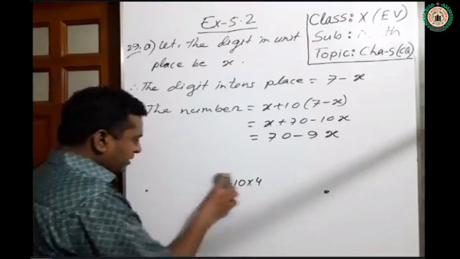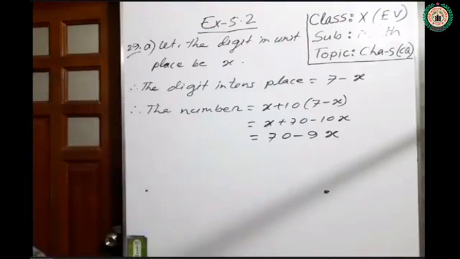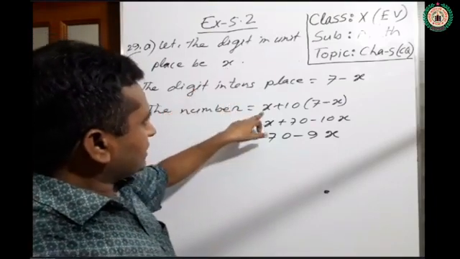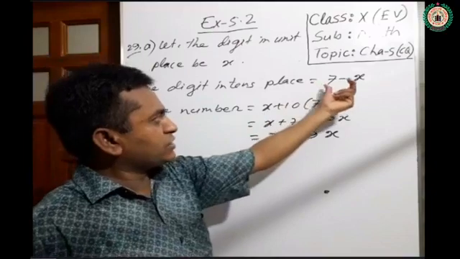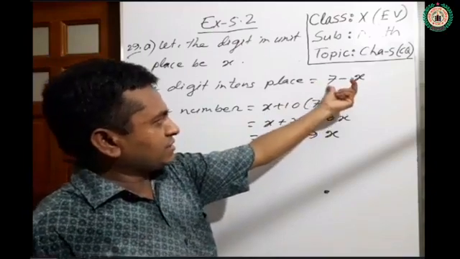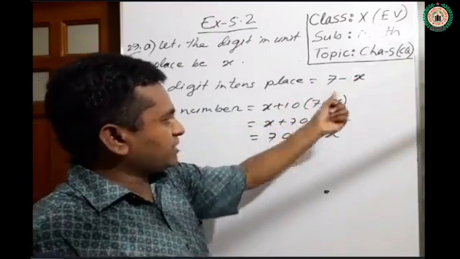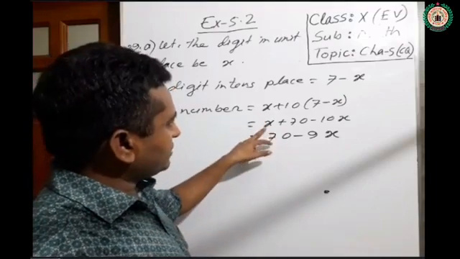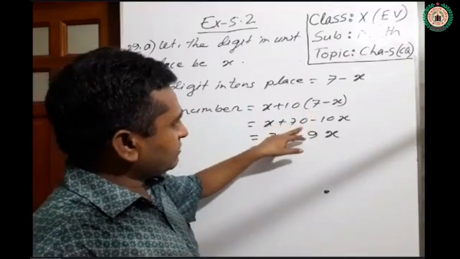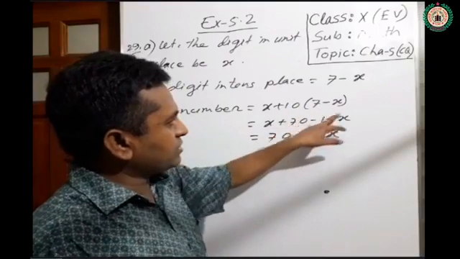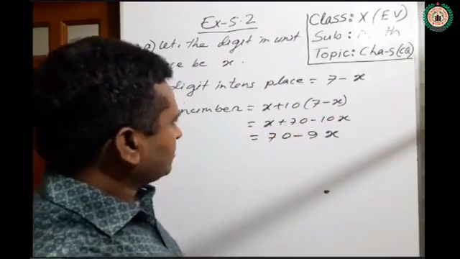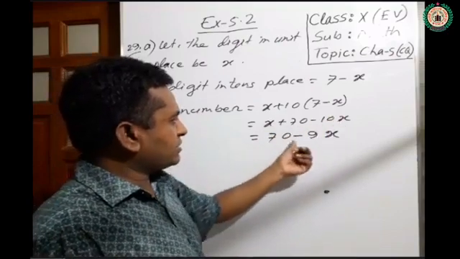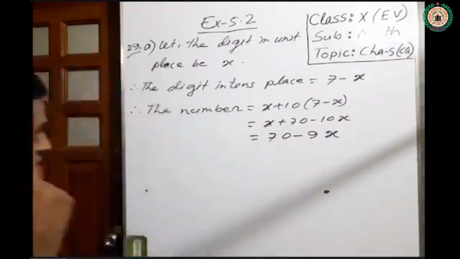In the same way, the digit in unit place is x, plus the digit in tens place is 7 minus x, that's why 10 into 7 minus x. After simplifying, you get x plus 70 minus 10x. By combining x and minus 10x, you get 70 minus 9x.